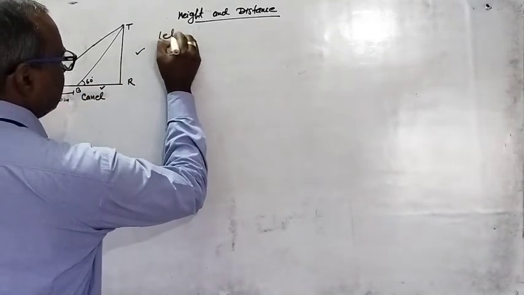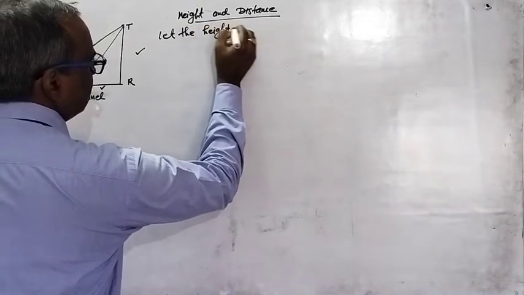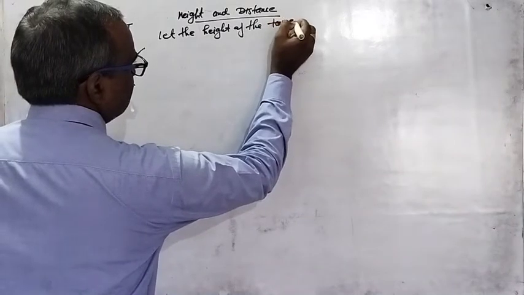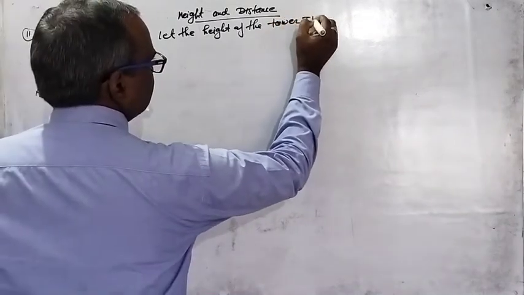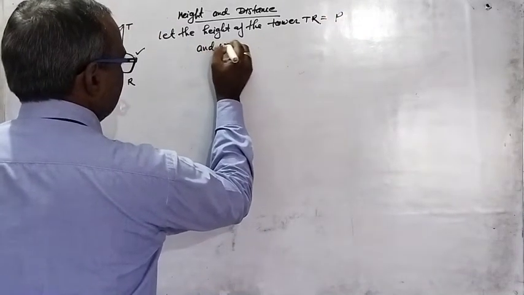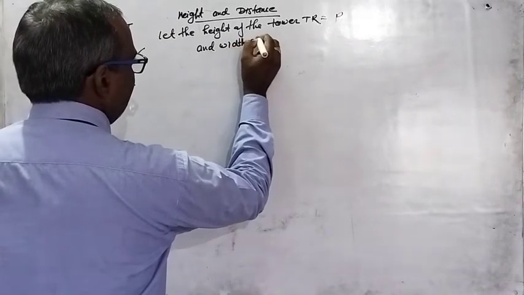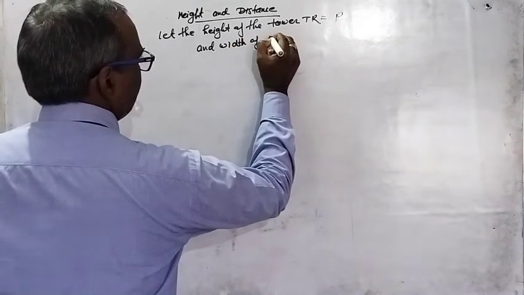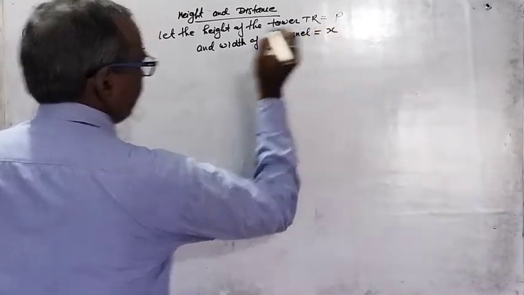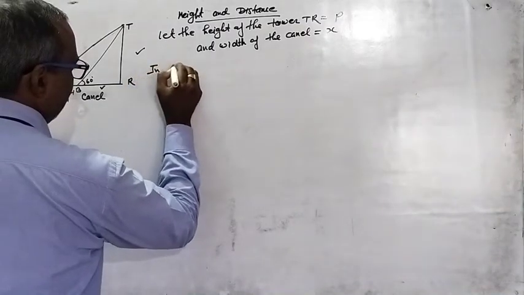So let the height of the tower TR equal to P and the width of the canal is X.